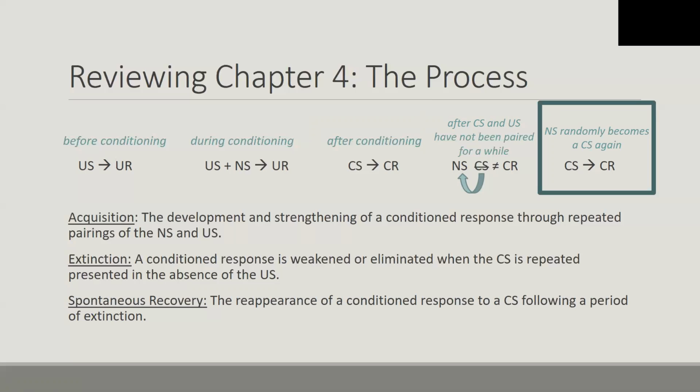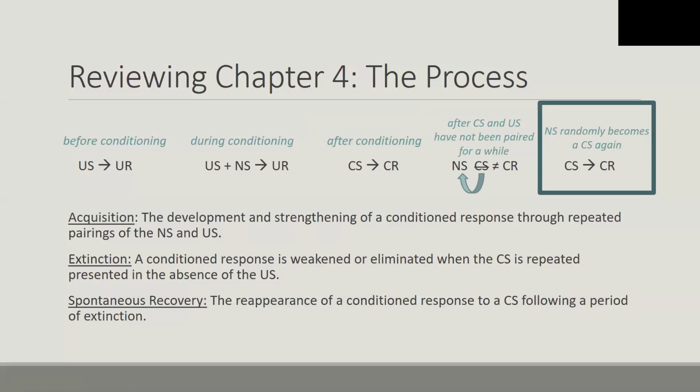It could just be random, and the animal or the human is just testing it out to see if that stimulus is still paired with the other one. Times of high stress or high emotion might lead to spontaneous recovery, or the presentation of a novel stimulus could lead to spontaneous recovery. Essentially, something changing might make a conditioned response that faded away and got extinguished reappear.